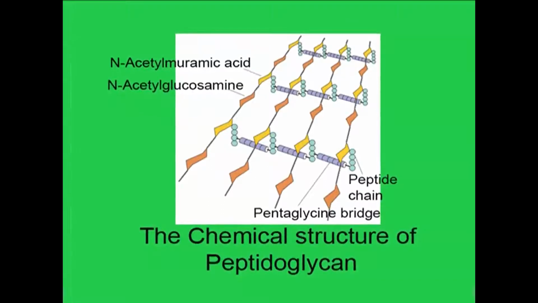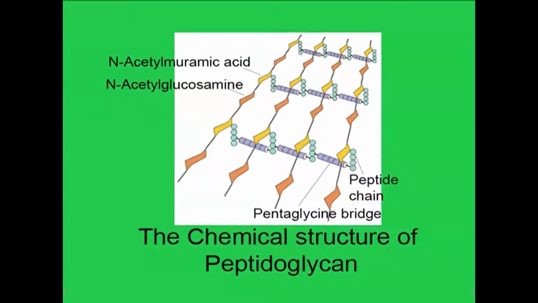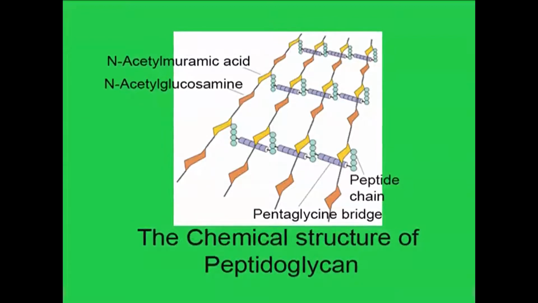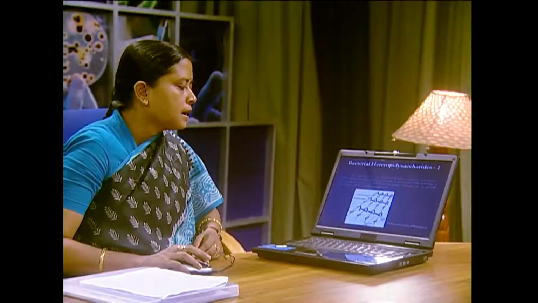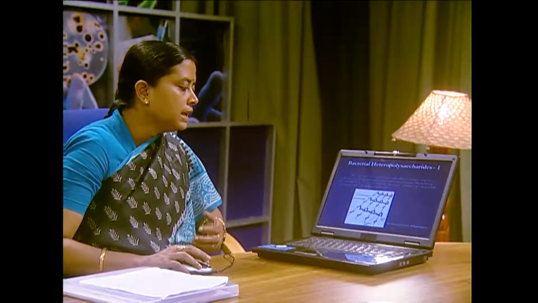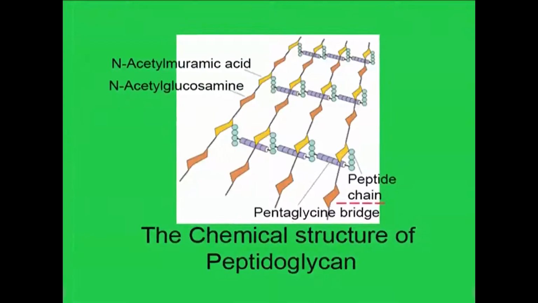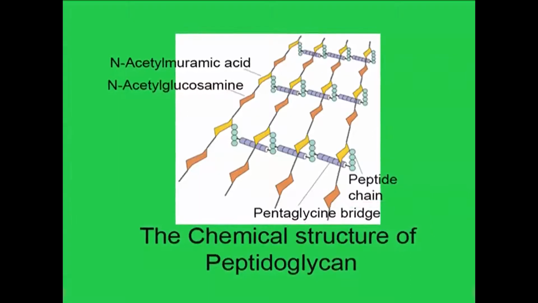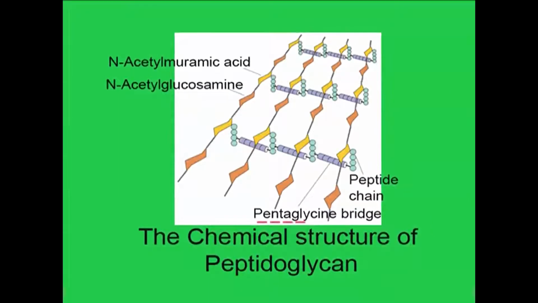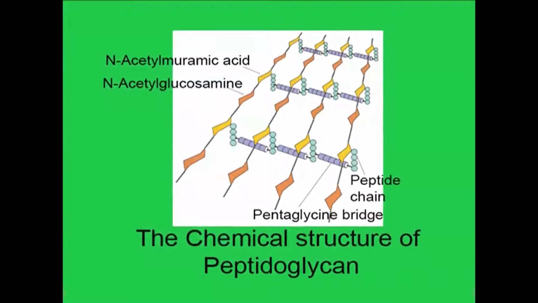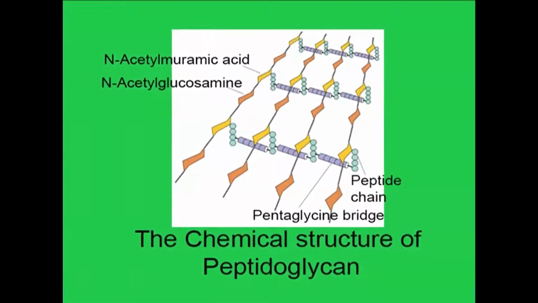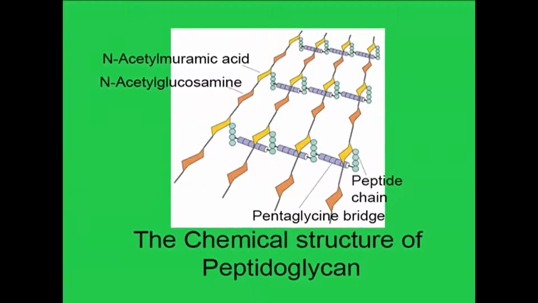These are the polysaccharide chains, and several chains run parallel to each other, linked by a peptide chain and a pentaglycine bridge. Peptide means they are formed from amino acids, and glycine is another amino acid, but this is a pentaglycine bridge.